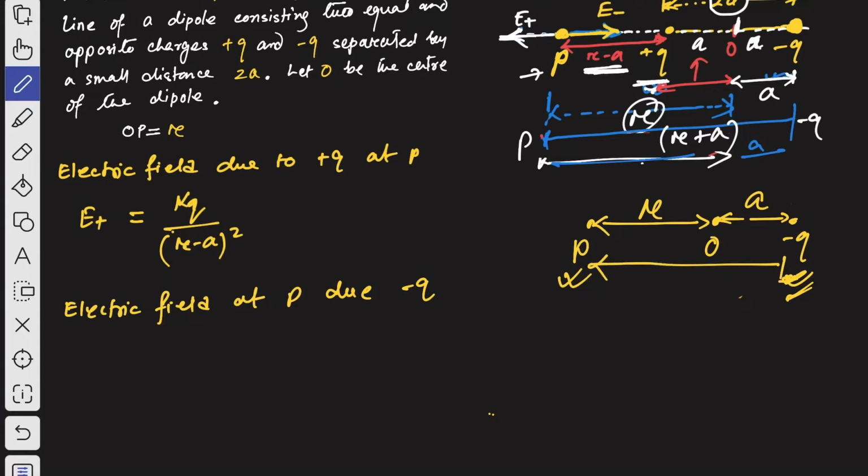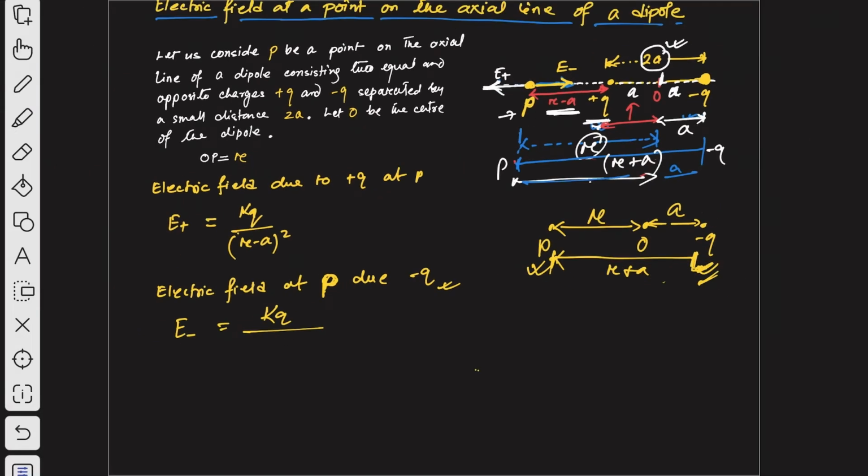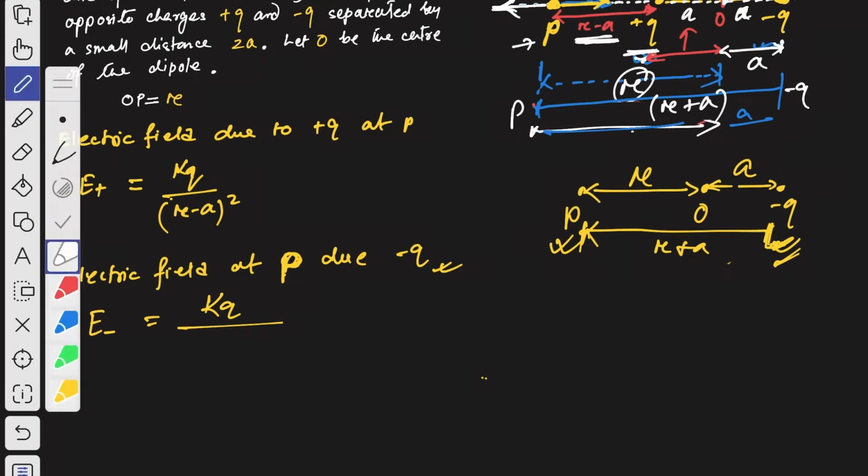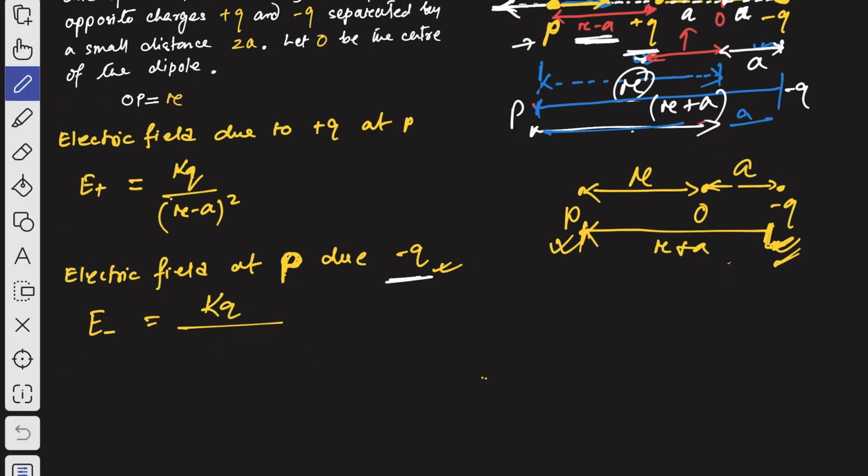Therefore the distance between the negative charge Q and point P is R plus A. In that case, the electric field due to the negative charge Q at point P is given by E minus, equal to KQ by R plus A whole square.